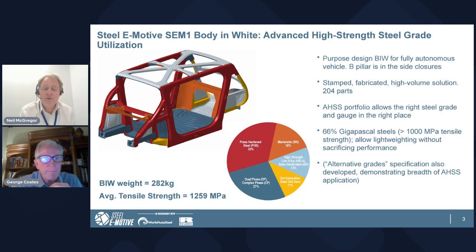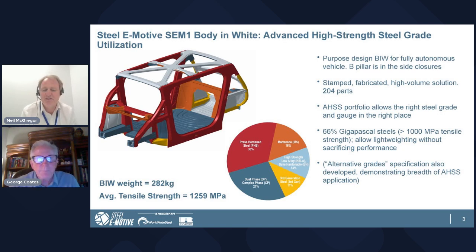So what we're seeing here is the final design of the Steel E-Motive body in white structure. This is essentially the culmination of almost 2.5 years worth of engineering, tuning and putting the right steel in the right place. This body in white is purpose designed for a fully autonomous vehicle, so it takes into consideration all of the design requirements of an autonomous vehicle.